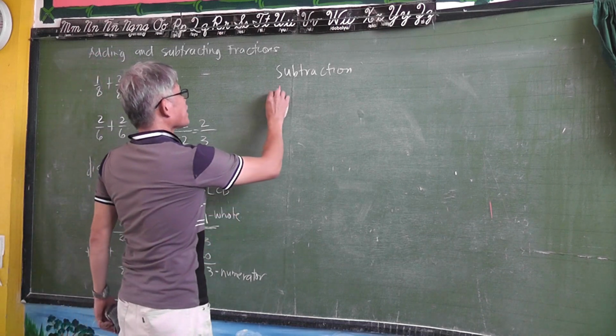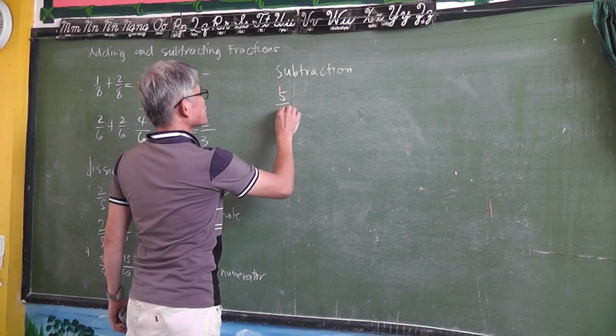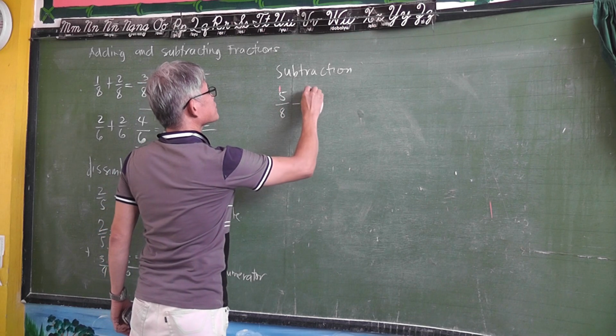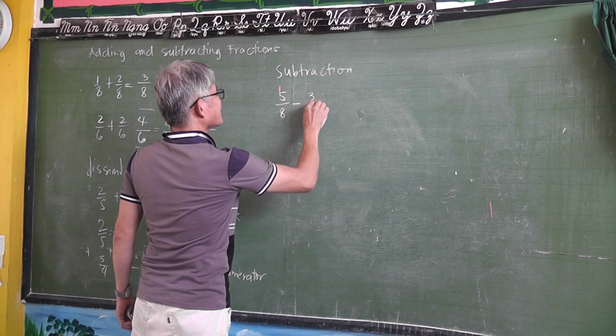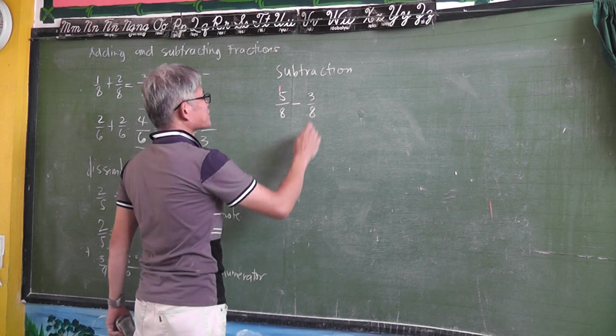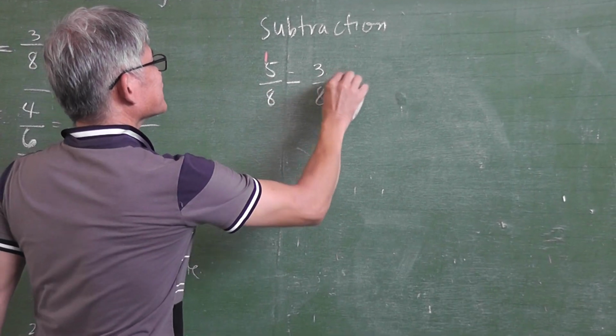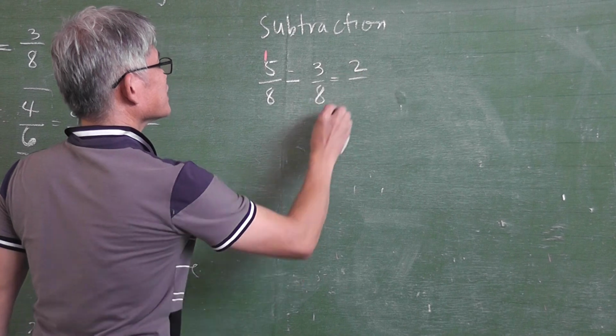The same if we have similar fractions, 5/8 minus 3/8. You can directly subtract the numerators. 5 minus 3 is 2, and then 8.